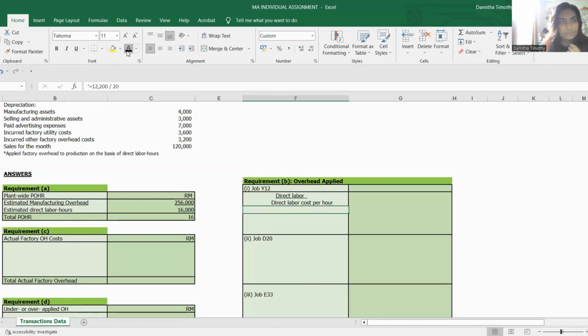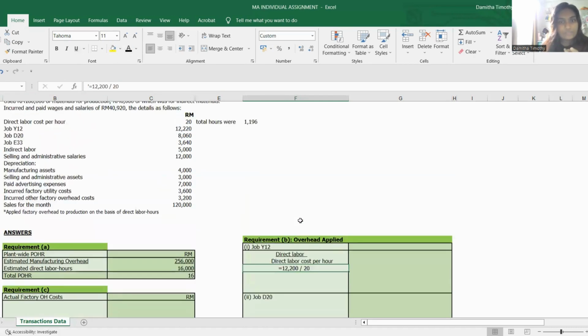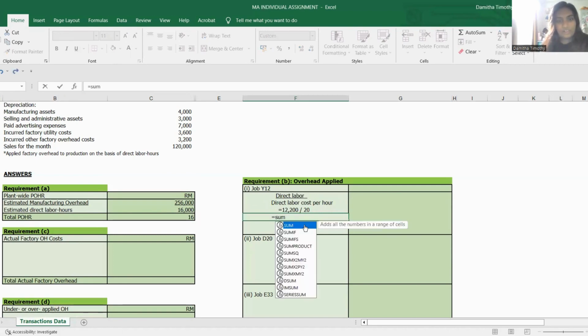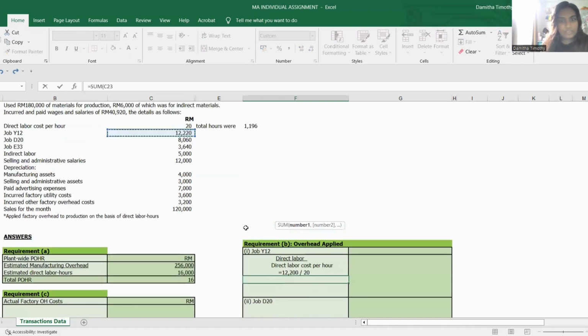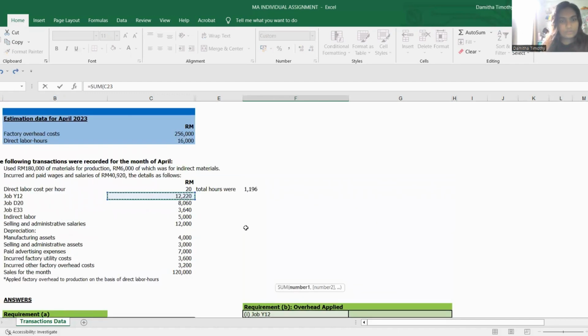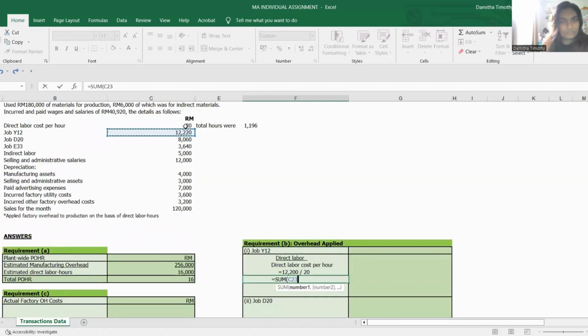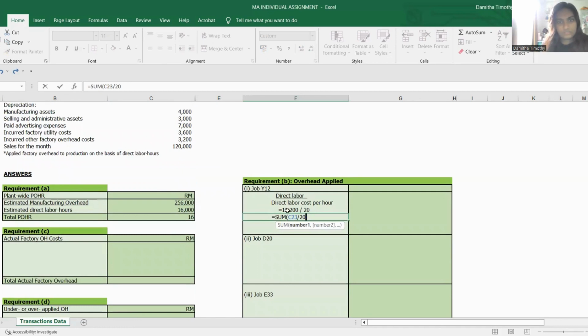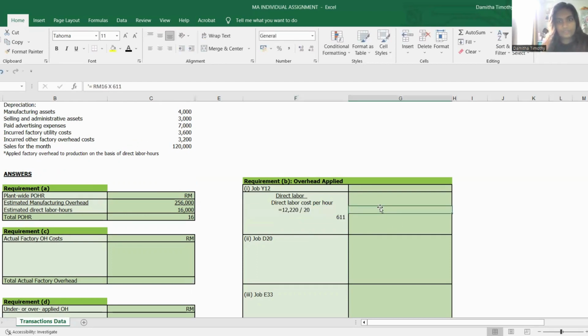So the calculation will be 12,220 divided by 20, and the value here is 611.